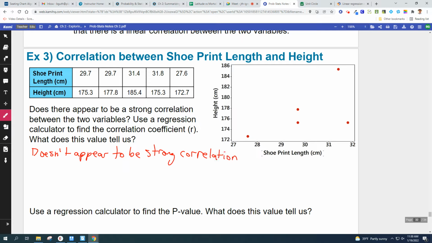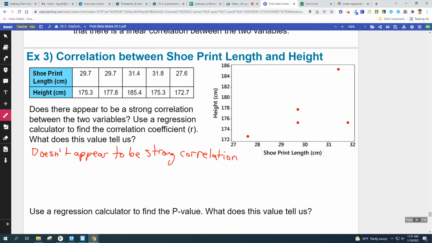Doesn't appear to be a strong correlation, and that's just intuition. You're looking at it, and it doesn't feel like a tight pack of dots. A tight pack of dots forms a perfect straight line. That's not very tight. Doesn't appear to be a strong correlation.